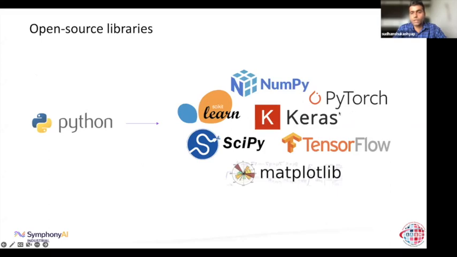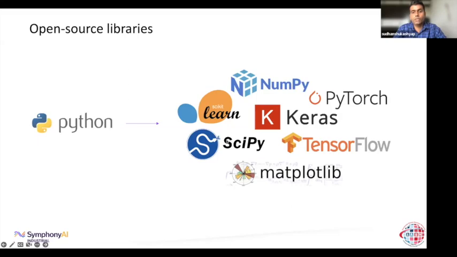So you see PyTorch, TensorFlow. They can be used for neural network kinds of models, and a lot of basic machine learning models are available in scikit-learn. And libraries like NumPy do data manipulation and array manipulation, which is a very essential part of doing machine learning.